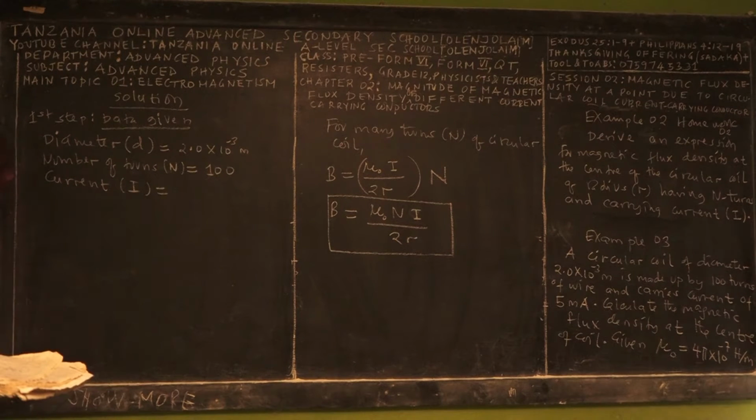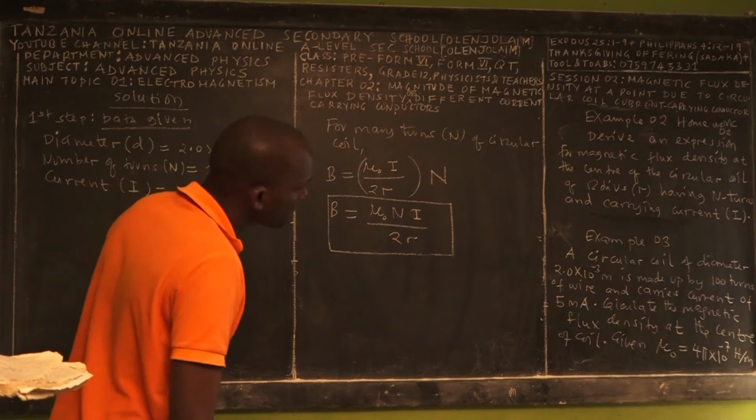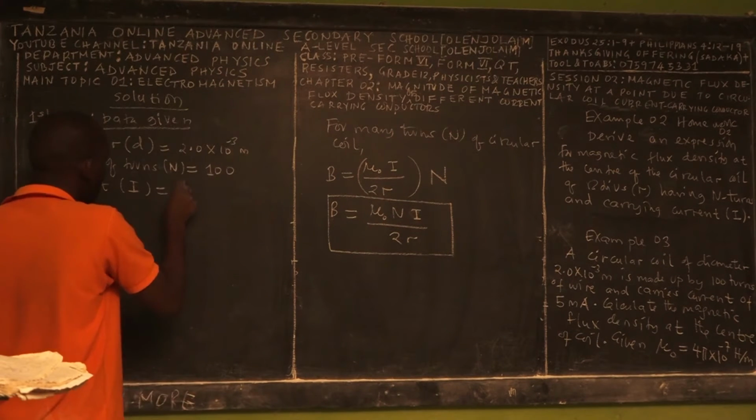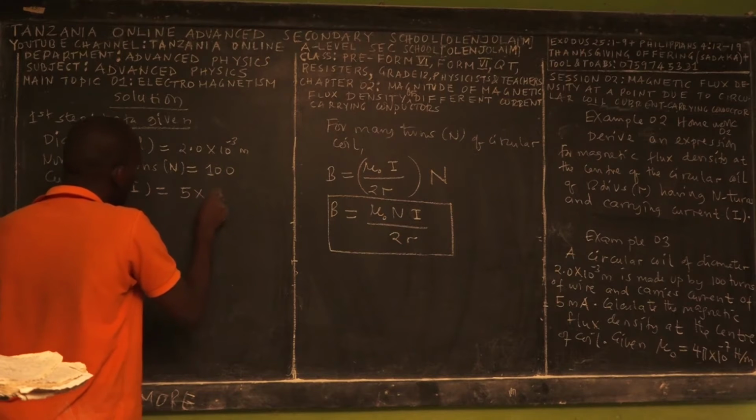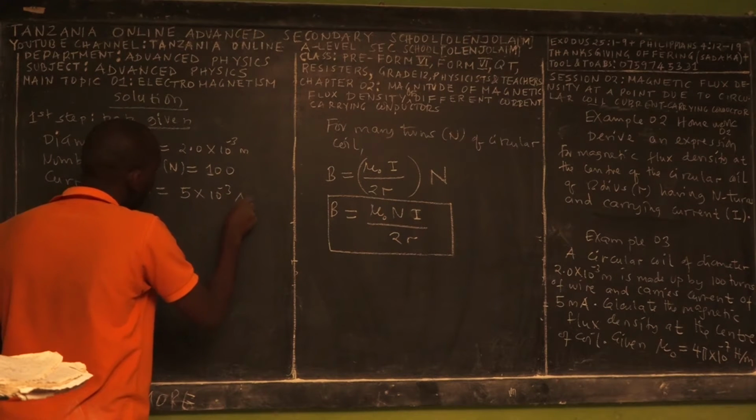So the current, which is I, is 5 × 10^-3 ampere.